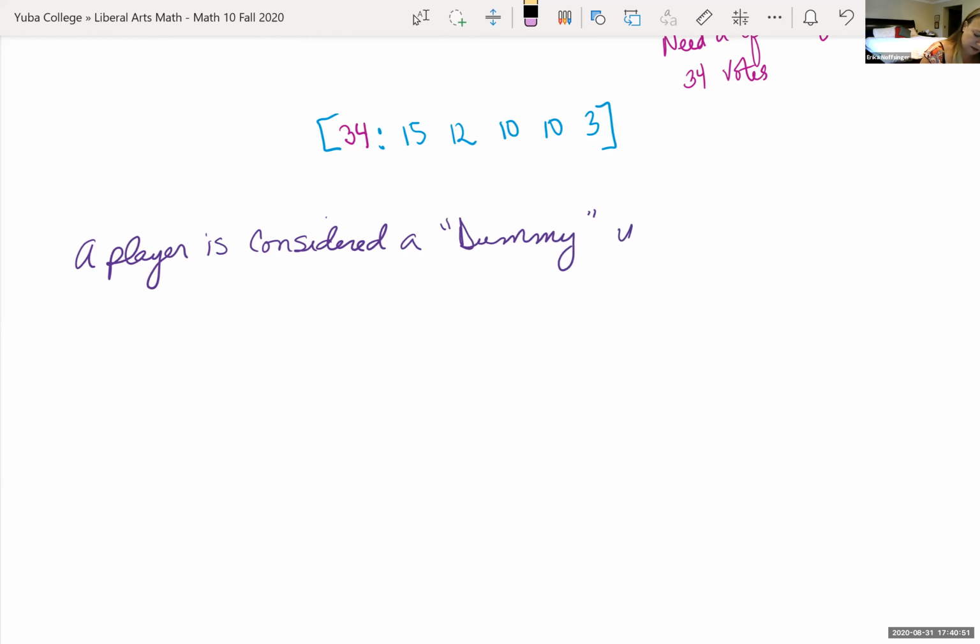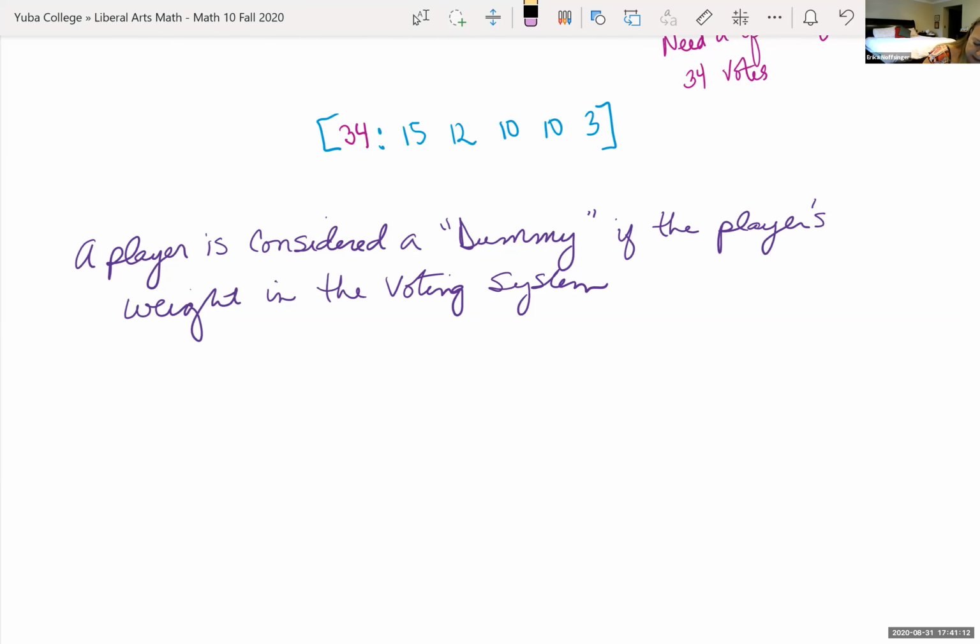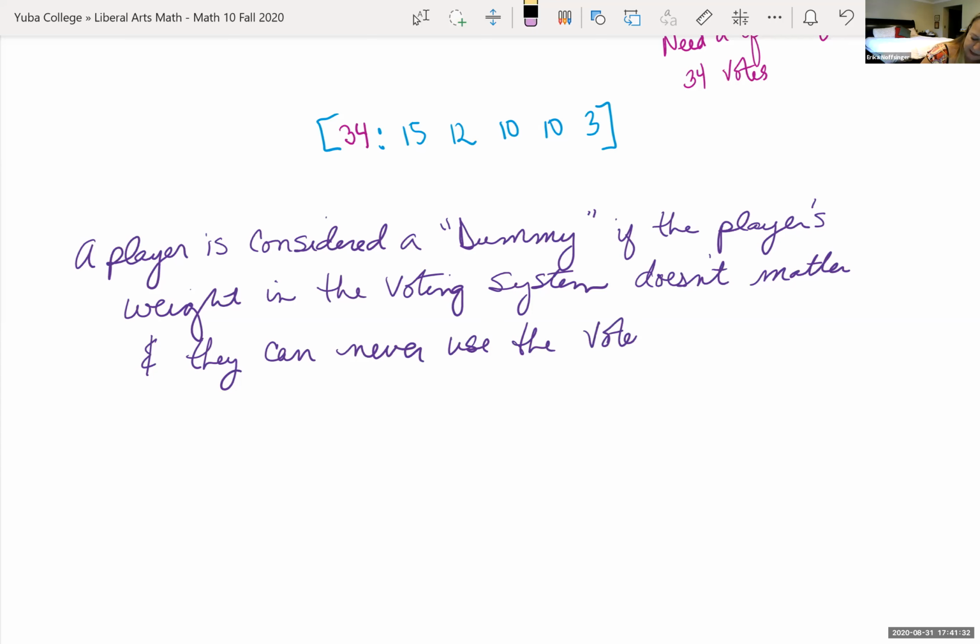If the player weight in the voting system doesn't matter, and they can never use their vote to pass a motion.